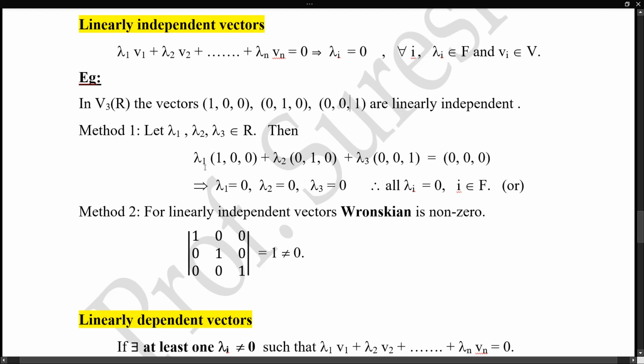Right. So how to check this? Take this lambda 1 inside. So (lambda 1, 0, 0) plus (0, lambda 2, 0) plus (0, 0, lambda 3) equals (0, 0, 0). When you add, we get in one bracket (lambda 1, lambda 2, lambda 3) equal to (0, 0, 0), which implies all the scalars are 0.